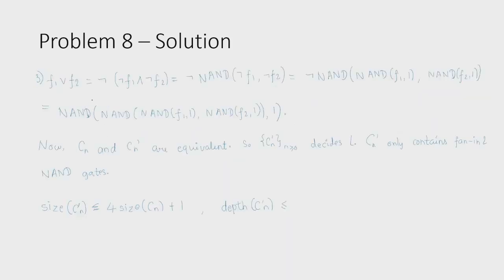And to implement an OR gate, we needed a circuit with depth 3, because even though we are using 4 NAND gates, 2 of these NAND gates can be computed in parallel. So the depth of this circuit is 3. So depth of C prime n is at most 3 times depth of Cn.